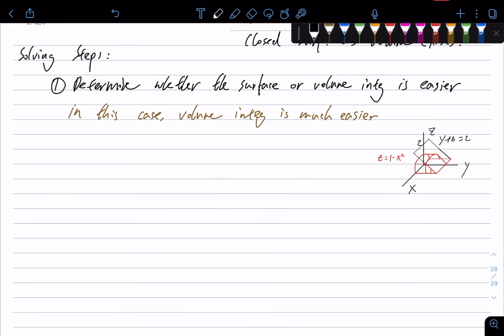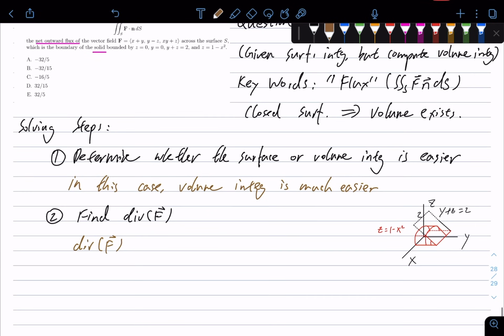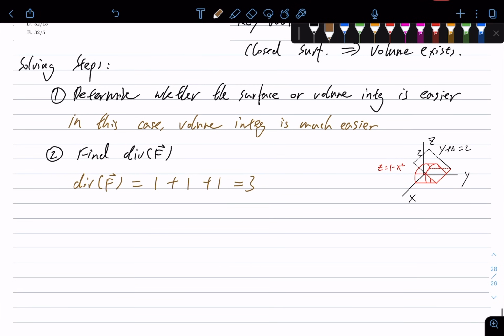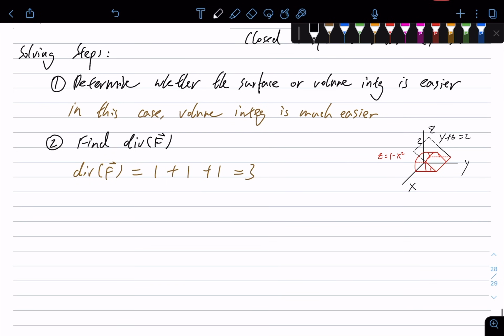Okay, so now we know we're going to choose the volumetric integral of the divergence theorem, and the second thing we're going to do is find the divergence of F, right, which in this case we'll just take the partial derivative with respect to x. We get 1, plus another 1, plus another 1, so we will have 3, right? So then we're just going to take advantage of the divergence theorem, step number 3.